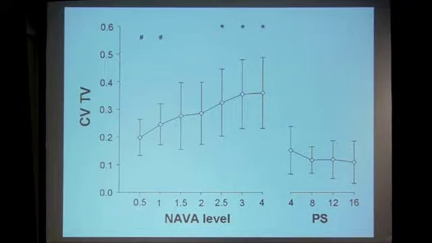Moreover, during NAVA ventilation, even if we increase it, the variation of tidal volume is maintained closer to normal variability. You know that a major drawback of controlled mechanical ventilation is the monotony of tidal volume. A very constant tidal volume, particularly a low constant tidal volume, causes atelectasis.